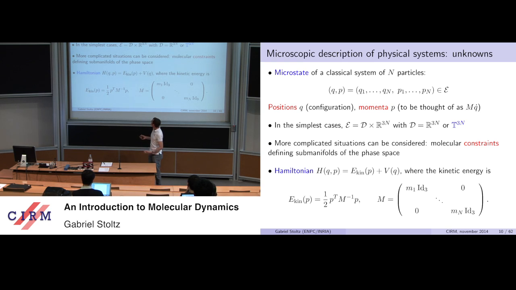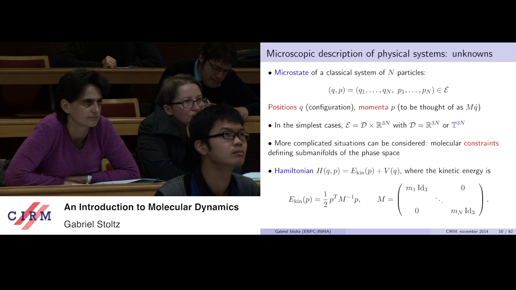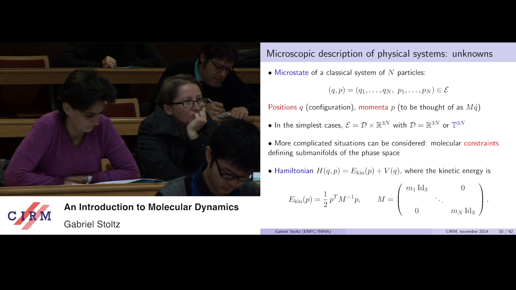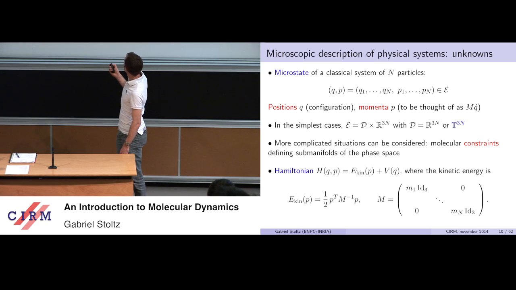But it turns out that this is the correct formalism because the Hamiltonian dynamics is naturally posed in terms of positions and momenta, and not positions and velocities. So you have a very large vector which describes the microstate of the system. When you know that, you know everything about your system.